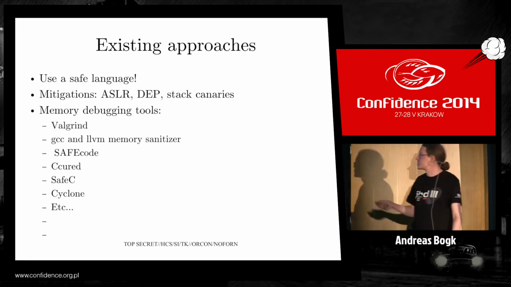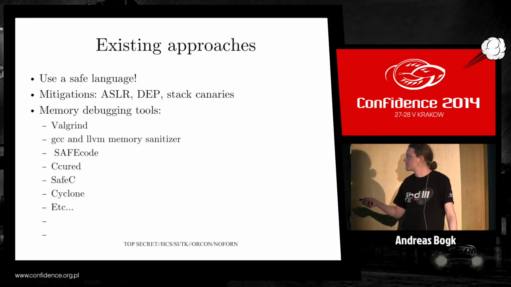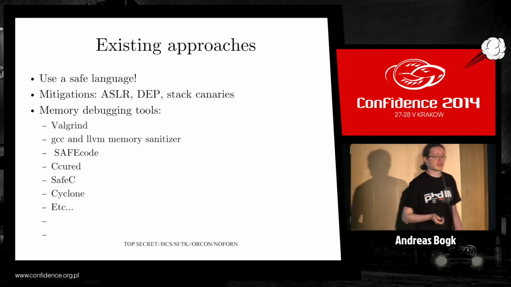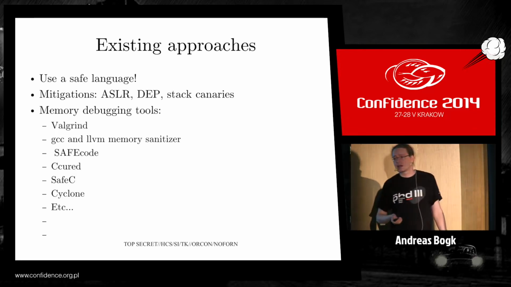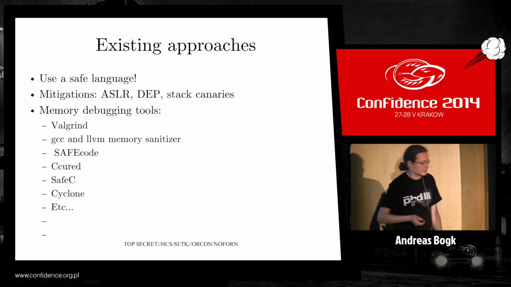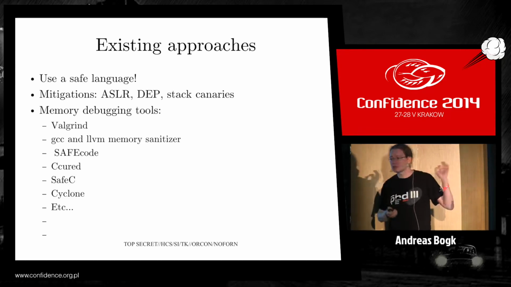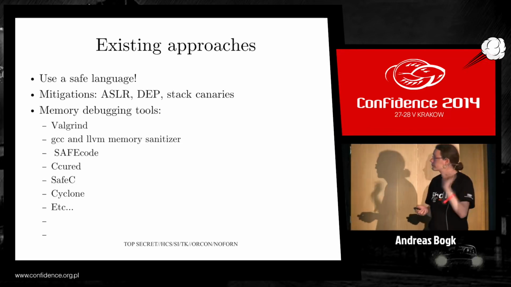You can use mitigations like randomizing the address space, preventing data from being executable, using stack canaries, etc., etc. All those make life of an attacker harder for actually exploiting a vulnerability. They don't address the underlying problem of temporal or spatial memory safety.